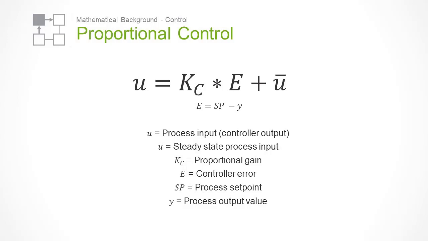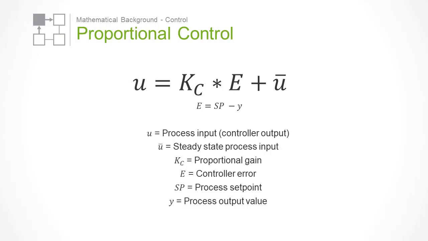We would compute the difference between these two values, called the error, and offset the manipulated variable from its steady-state value by a multiple of the error. The factor that multiplies the error is called the proportional gain, or KC. This simple controller is called a proportional controller.